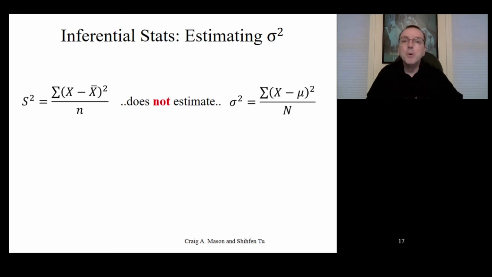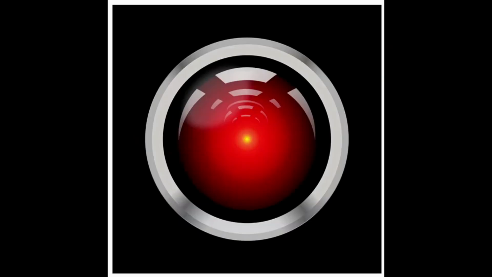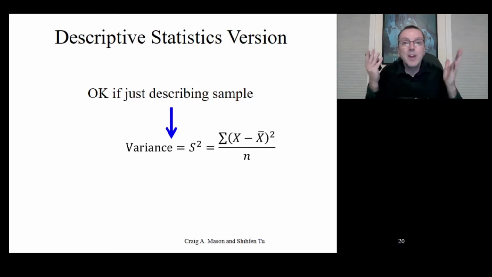The problem with dividing by n is that if we're estimating the population variance based on our sample data, using the sample size n in the denominator will give you the wrong answer. I'm sorry, Dave. I'm afraid I can't do that. You absolutely can't do that.